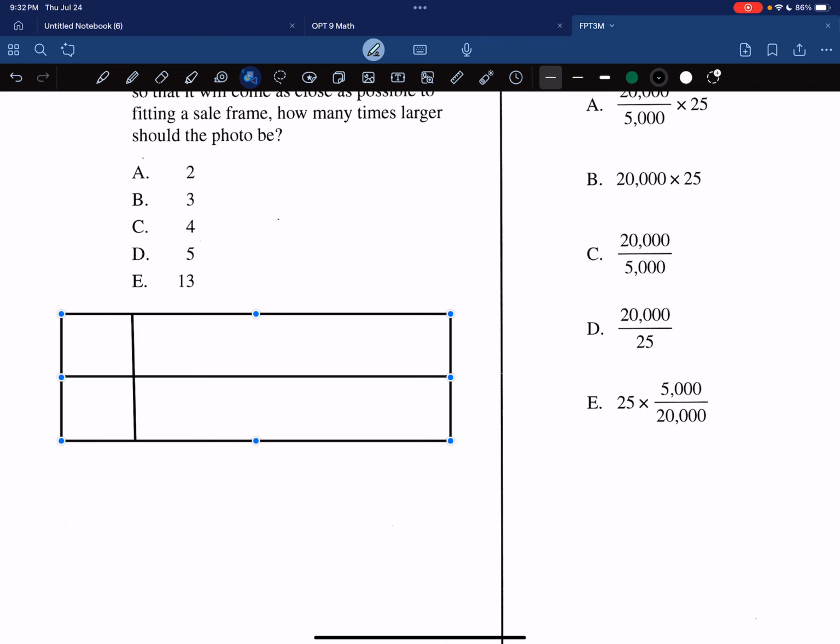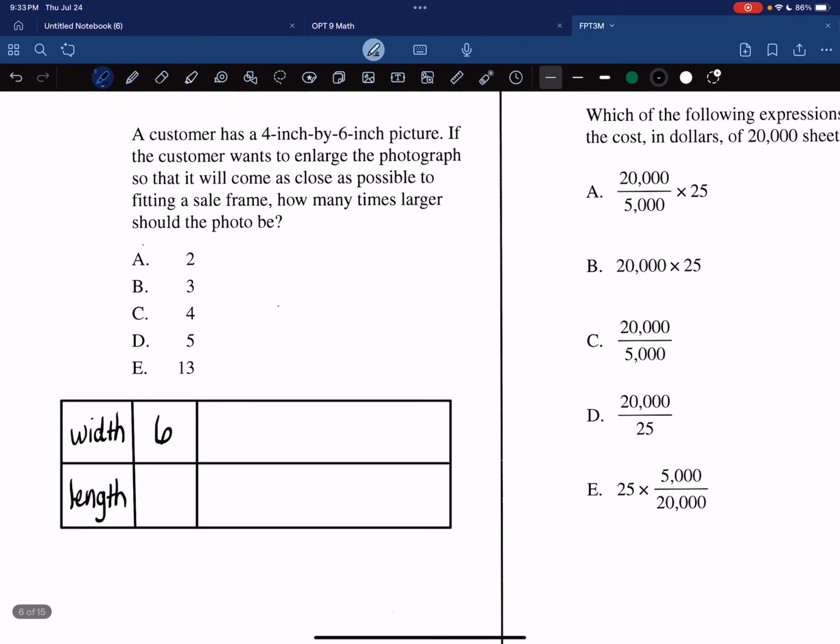One row will be for the width of the picture, and the other row will be for the length of the picture. And we know that the customer's picture is a 4 by 6.